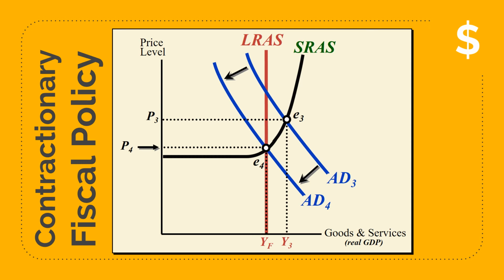It contracts it back theoretically to the long-run aggregate supply curve. Restrictive fiscal policy fights against these overexpansions of the economy. It is a reduction in government expenditures and/or an increase in tax rates, such that the expected size of the budget deficit declines, or we move more towards a surplus. How does this actually work?